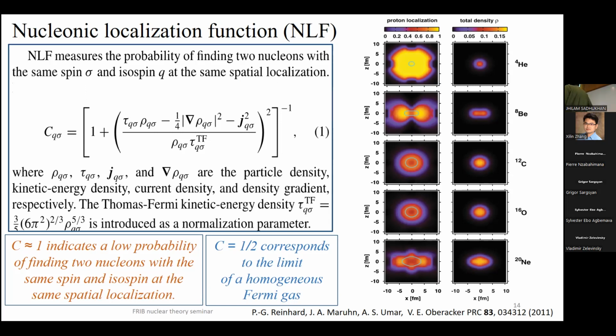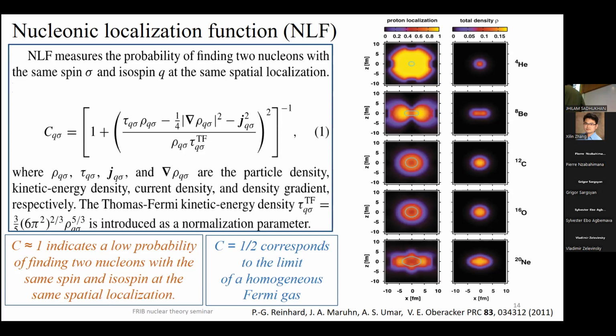Similarly, in the case of oxygen, it is said that it has a dip in the density at the center, but it is not visible in the density. If we study the NLF, we can see some dark region which gives a lower density at the center. And for 20 neon, with 10 protons and 10 neutrons, we can find a carbon-like structure with two alpha-like structures here. So this NLF gives a good prescription to identify internal structures of a nucleus.